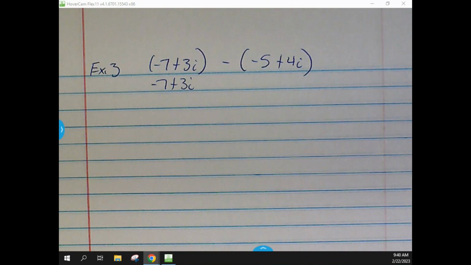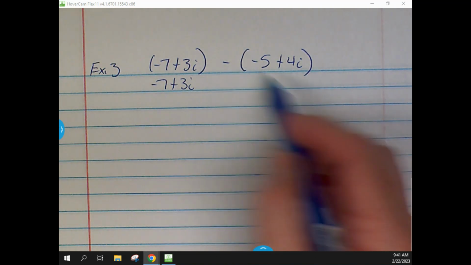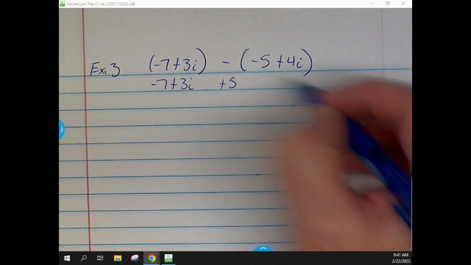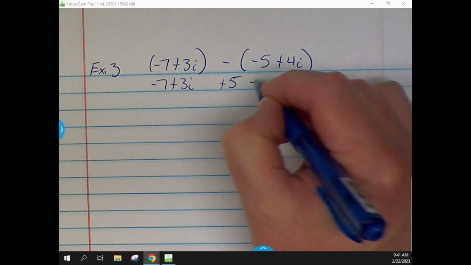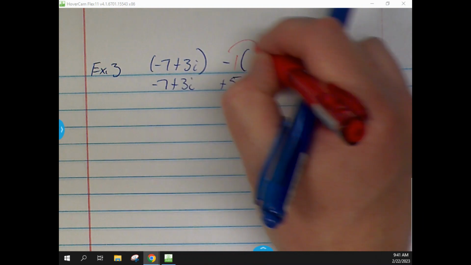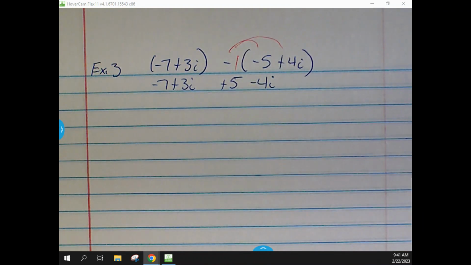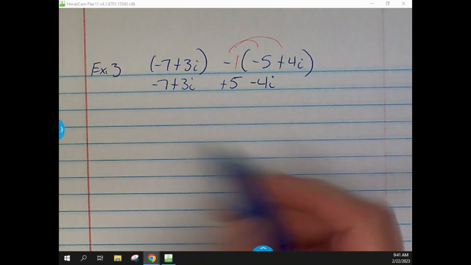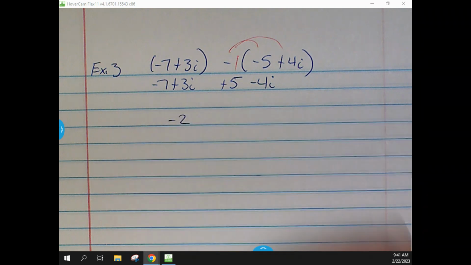All right, again, first parentheses, nothing to do different with it. Second parentheses, because of the negative here, change that to a positive 5 and a negative 4i. Technically, it's like taking negative 1 and multiplying it by both the numbers here. And then you've got negative 7 plus 5, which would be negative 2.